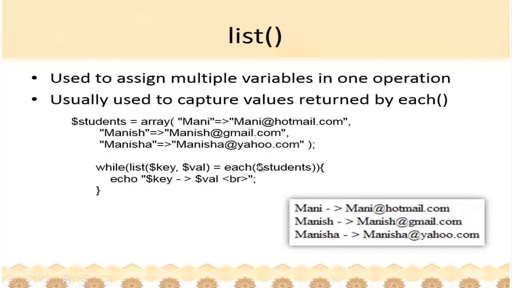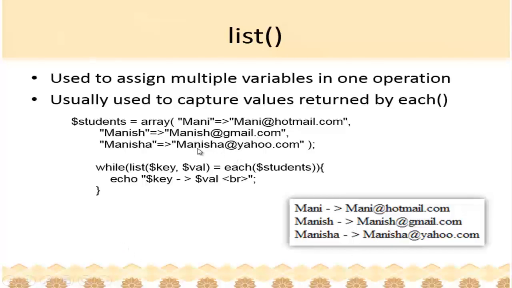This is automatically done by the each. So when the while loop returns back, it will again call this each function. When it calls this each, this time it will return the key as Manish and the value as manish@gmail.com, and those two values will be printed.